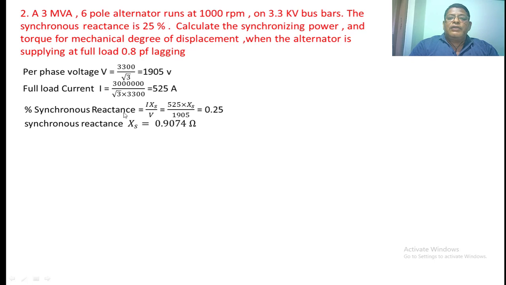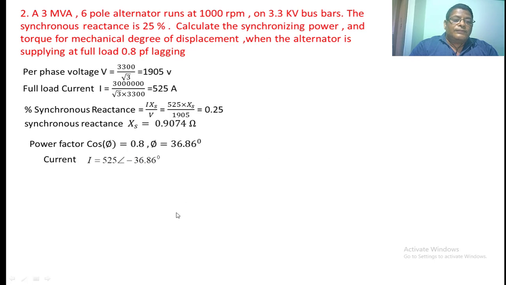Synchronous reactance: the voltage drop across the synchronous reactance at full load divided by V, that is 525 into XS divided by 1905, the voltage rating, equal to 0.25, because in the numerical it is given as 25%. From this expression, if you find the value of XS, we get 0.9074 ohms.